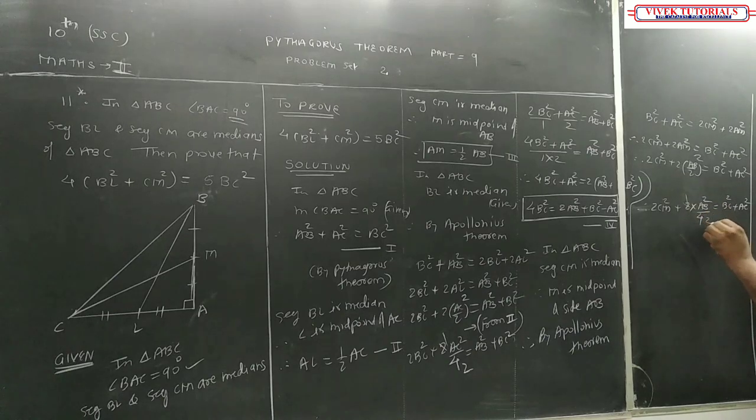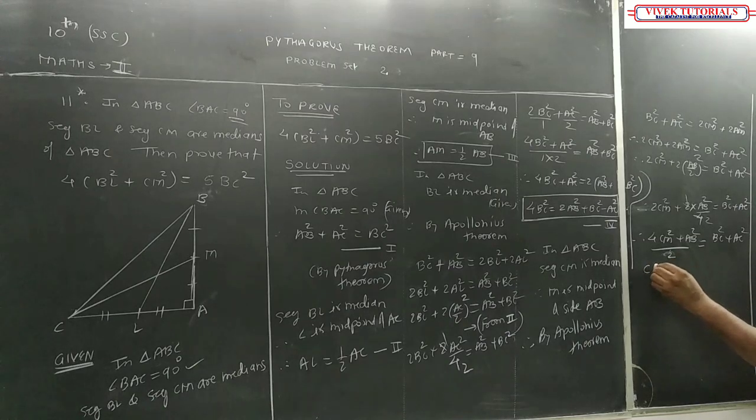If I cross multiply it, 4CM square plus AB square by 2 is equal to BC square plus AC square.